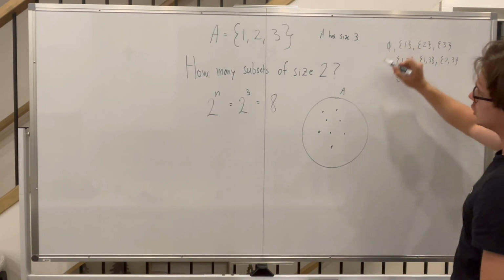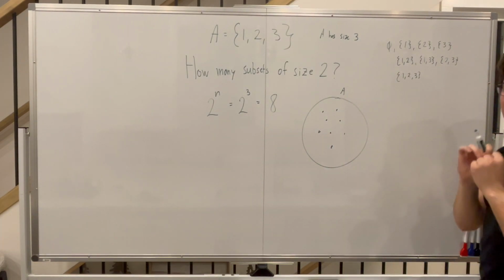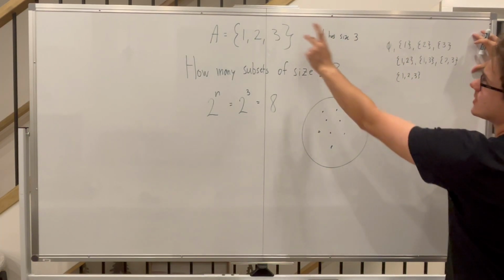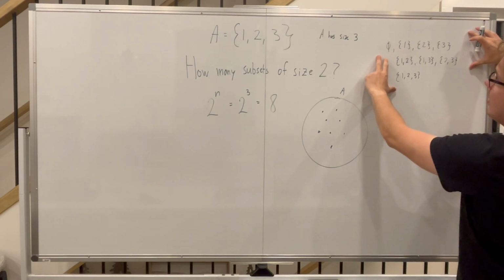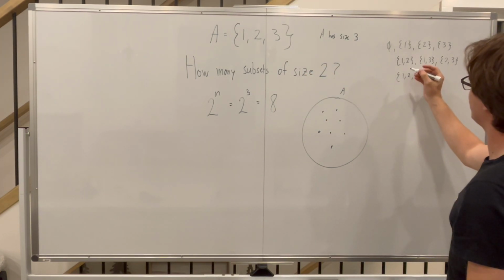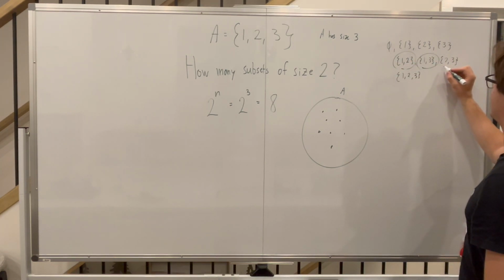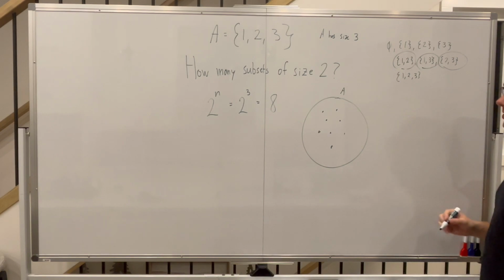These subsets each correspond to a dot, right? There's 8 here and there's 8 dots here. So what we're asking is, how many subsets does A have, this is the total, that are size 2, which means have 2 elements? Well, if we look here, we notice this set has size 2, this subset has size 2, and this subset has size 2.